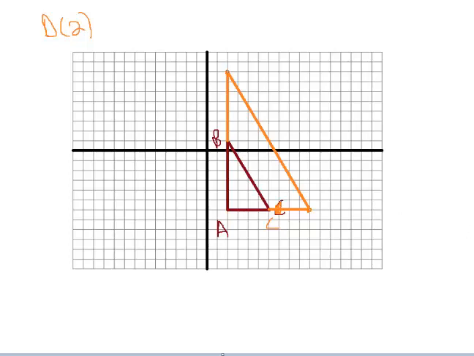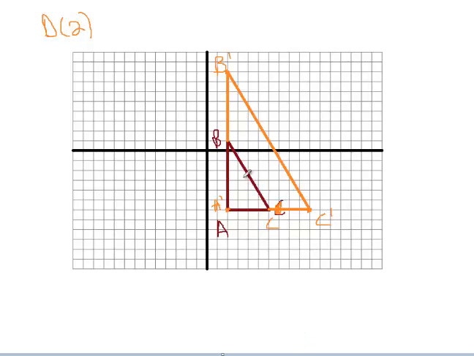We'll put this all the way down here. So now we'll name the new ones. This is A, and this is also A prime, by the way, since this is the center. This is both A and A prime. Up here is B prime, and up here is C prime.